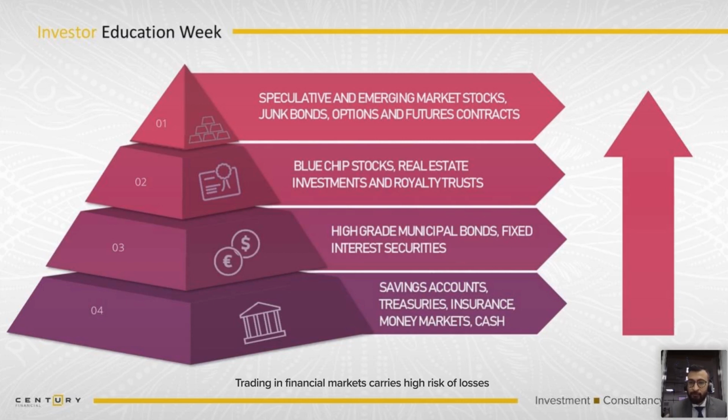But to understand first and foremost where to invest, if you see why there's an investment pyramid, a triangle, the point of having a pyramid is that the pyramid has a base. Now, this is the base of your investment, which means first and foremost, you earn some money, and you save a part of it, and then you spend a part of it.